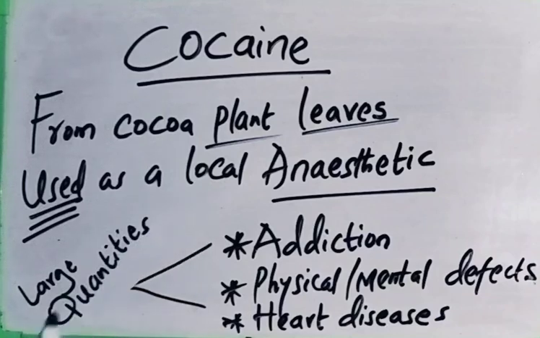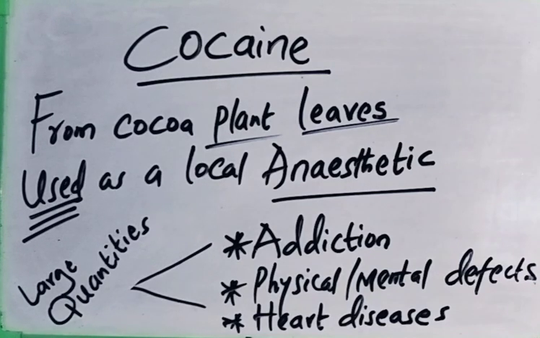These are the things you are going to face. Number 1, you will face addiction. So when used in large quantities, you can't do without it. Number 2, you may get physical and mental defects, and most probably you may develop heart diseases or heart problems. Cocaine.